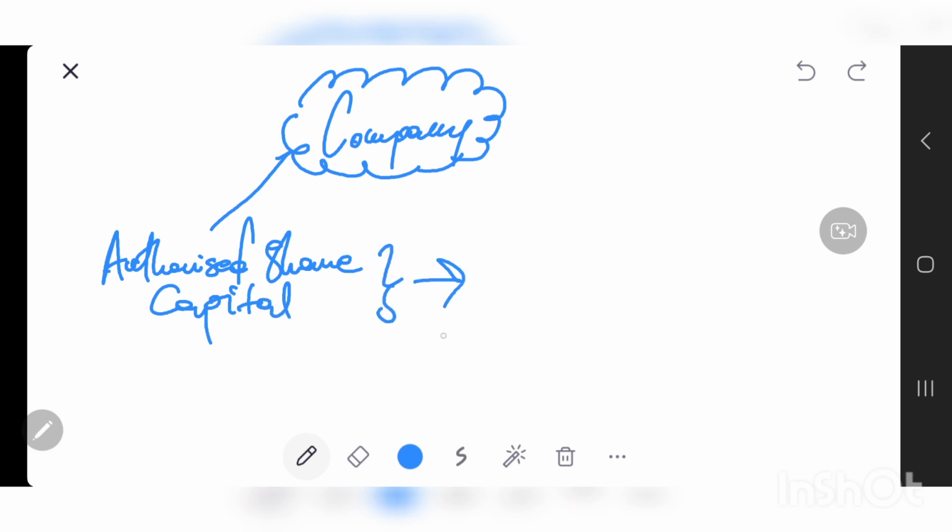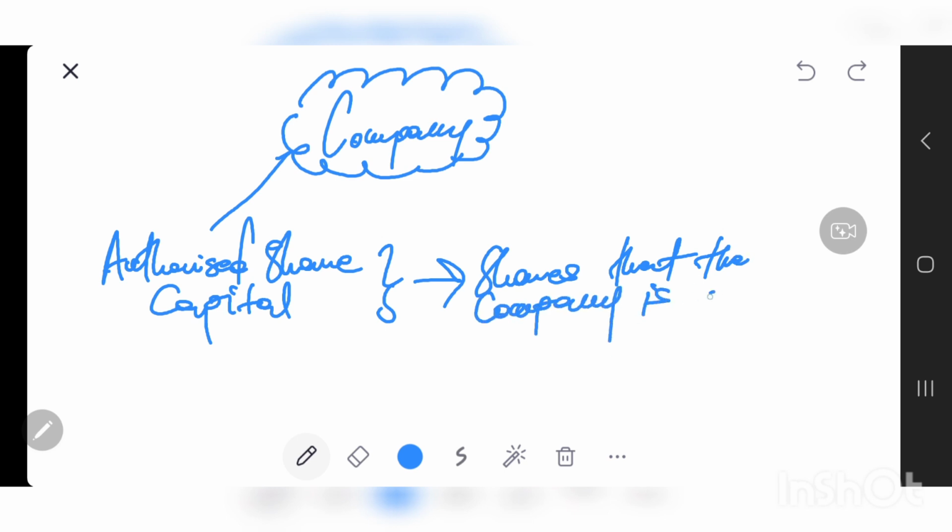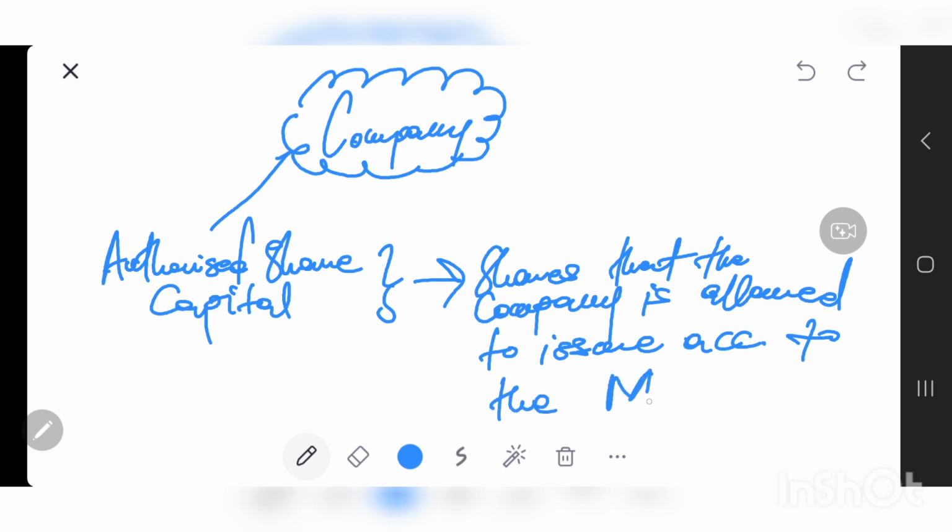An authorized share capital is the shares that the company is allowed to issue according to the memorandum of incorporation. Remember, a memorandum of incorporation is like a founding document of the company.